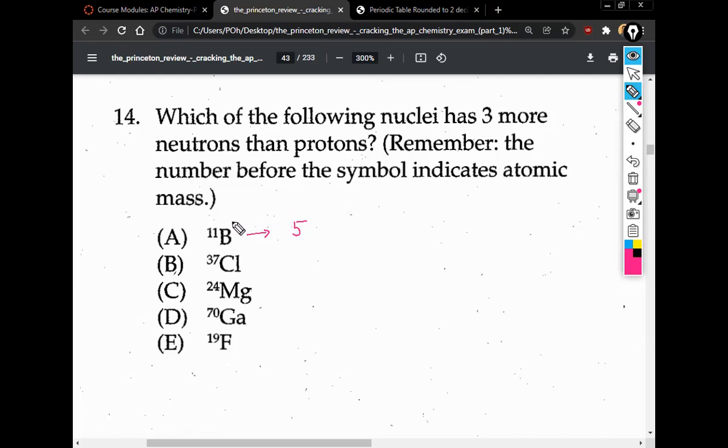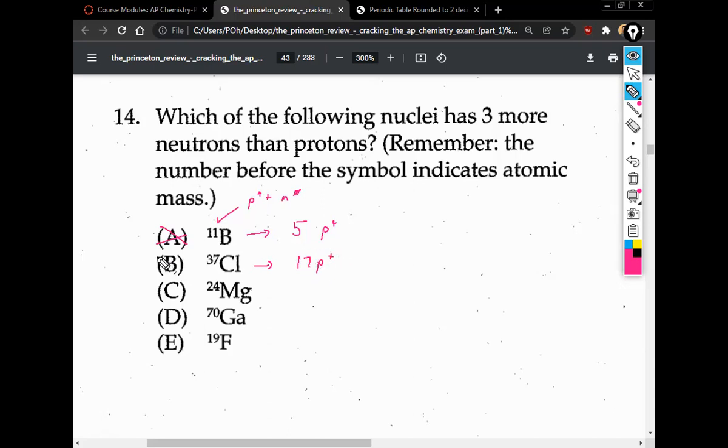So obviously this is not the correct answer because this number right here is protons plus neutrons. And so that means that B11 is going to have 7 neutrons, which is not what we're looking for. We look at chlorine. How many protons does chlorine have? 17. Yes. Okay, 17.